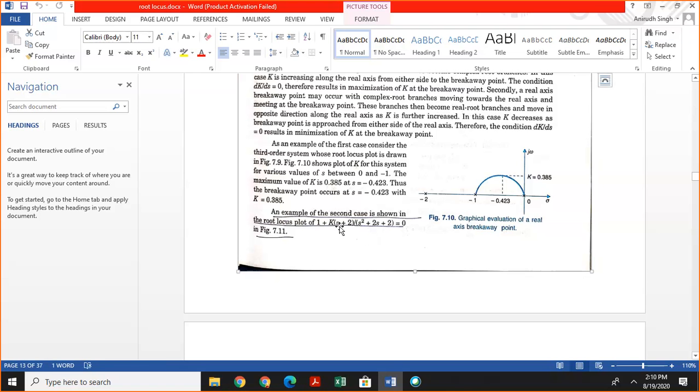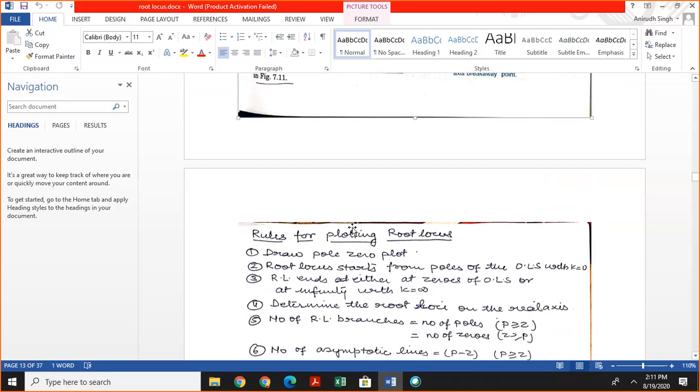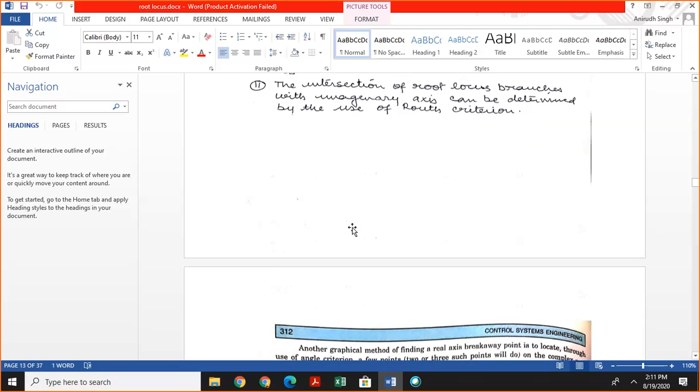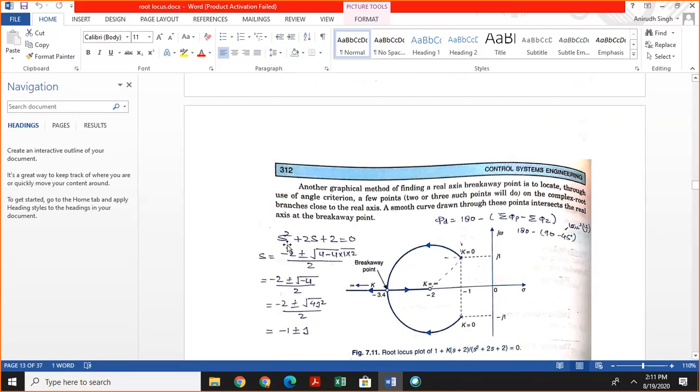In this equation, there is a zero at s equal to minus 2, and the poles are calculated by solving the roots of the denominator. If we solve it, we get two roots, minus 1 plus minus j.